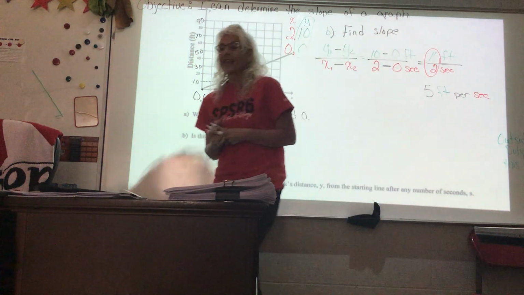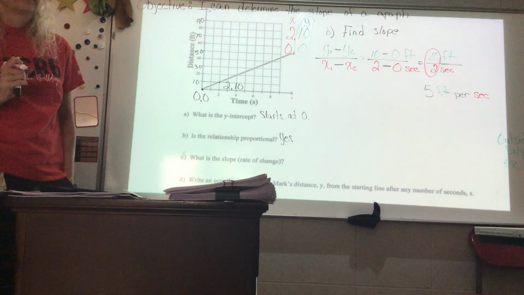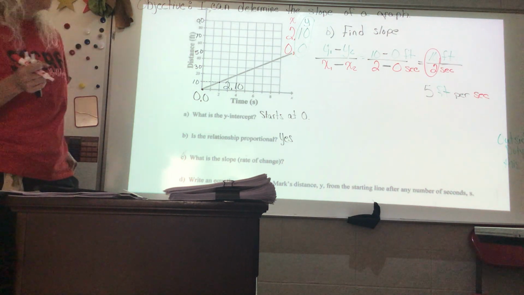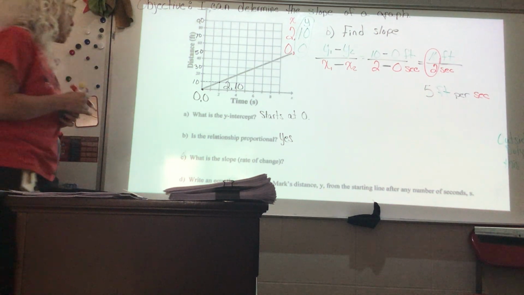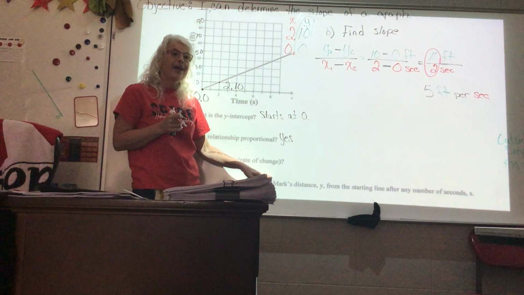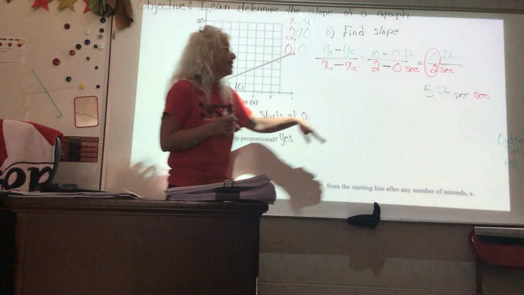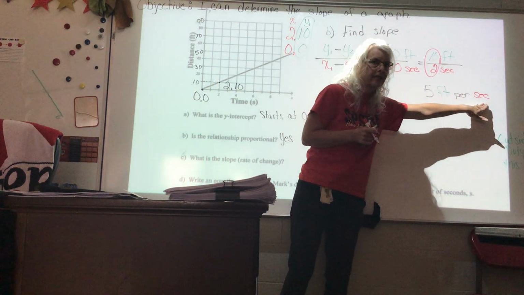So in 1 second, how far can Mark run? 5 feet. Yeah, that's 5 feet per second. So the slope is called the rate of change because doesn't his distance change by 5 feet every second?